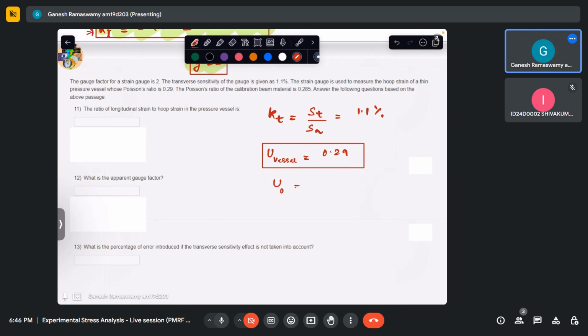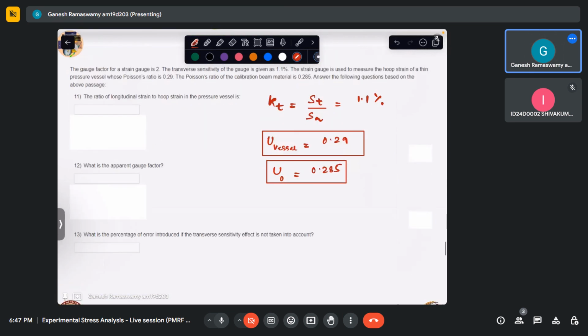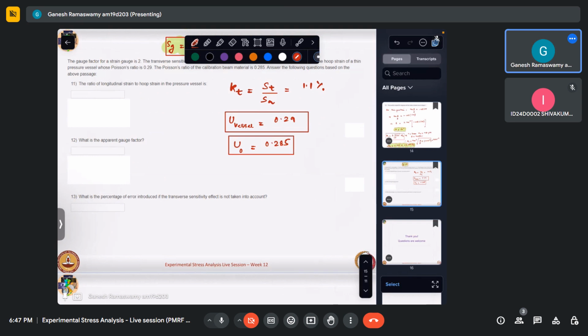So this KT would have been based on some expression that the manufacturer derived on a beam whose Poisson's ratio was 0.285. So this is the case where we will actually have a mismatch in the Poisson's ratio, and we will see what the implication of that is. This question asks, what is the ratio of the longitudinal strain to hoop strain in the pressure vessel? So let us see what it is.